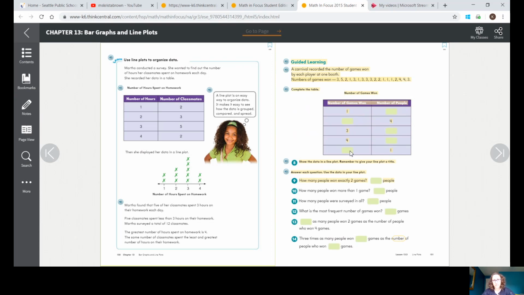There's that pattern there. Over here, there's not a pattern. But we have 5, 4, 6, 2, and they gave us that 1. So show the data in a line plot and remember to give your line plot a title. You can just put your line plot in your math notes.